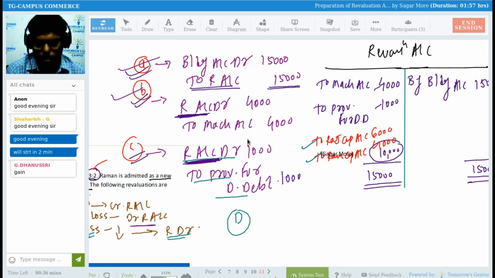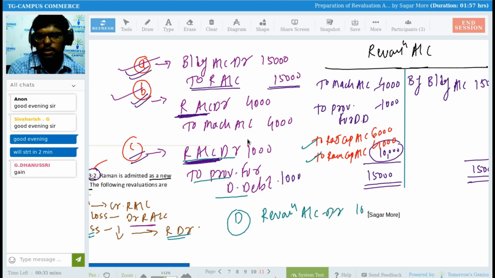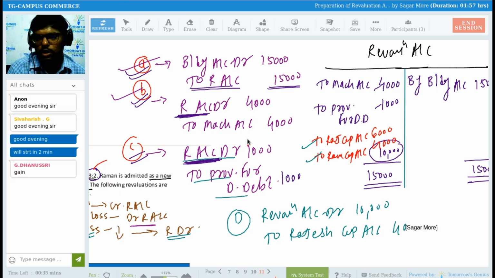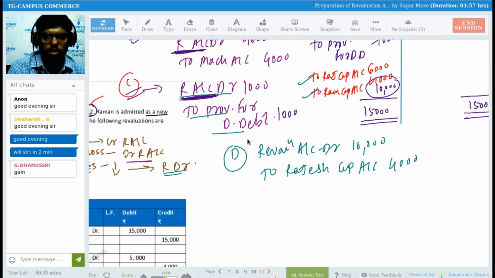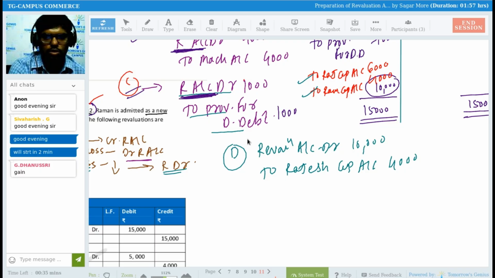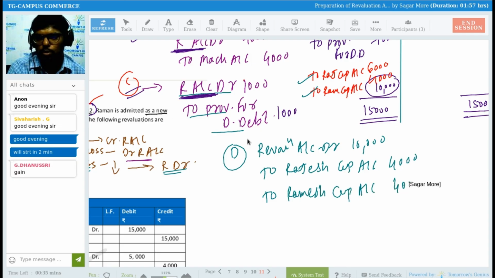Absolutely right. Revaluation account debit 10,000 rupees to Rajesh capital account 6,000 and to Ramesh capital account 4,000.